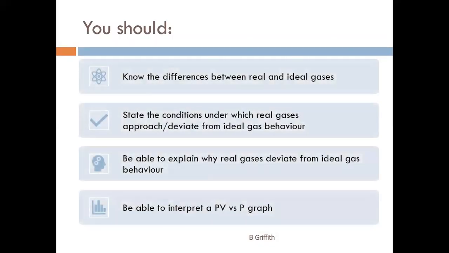After this section, you should know the differences between a real and an ideal gas. You should be able to state the conditions under which a real gas will either approach or deviate from ideal gas behavior, explain why they deviate, and interpret a PV versus P graph.